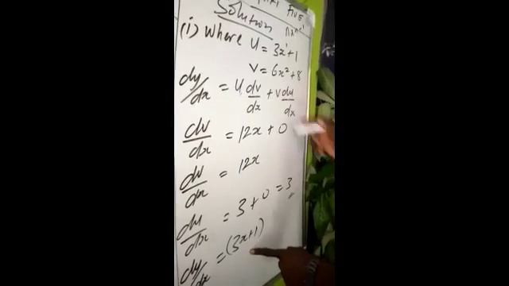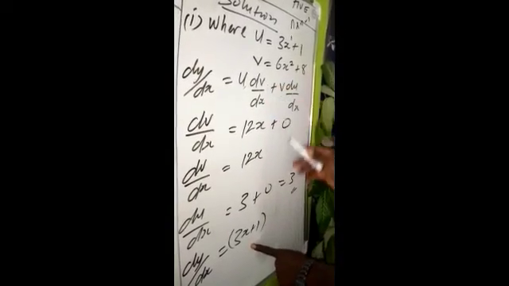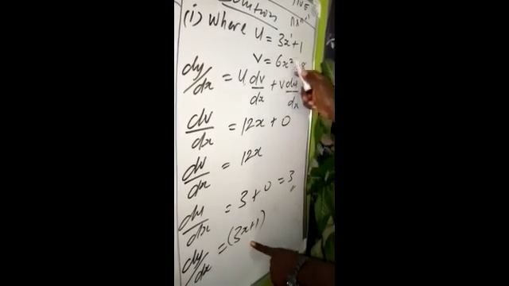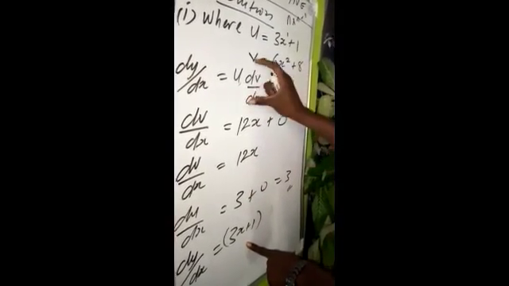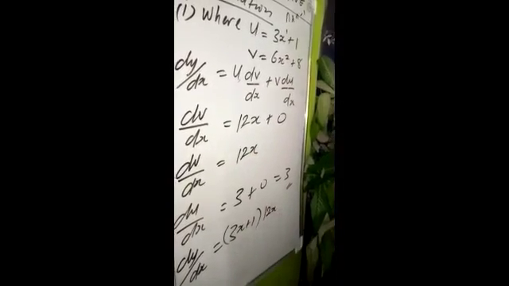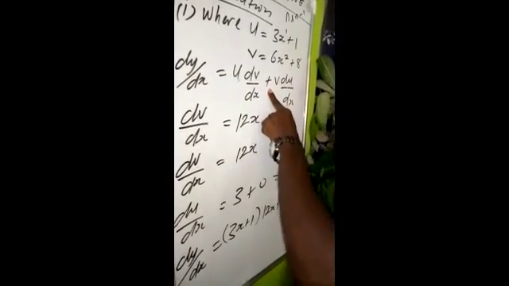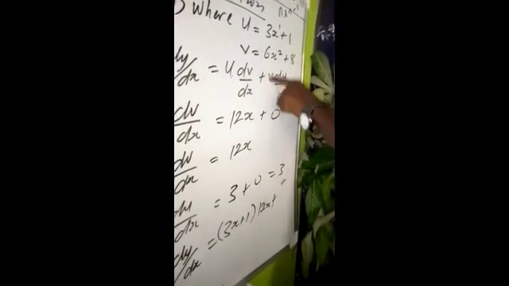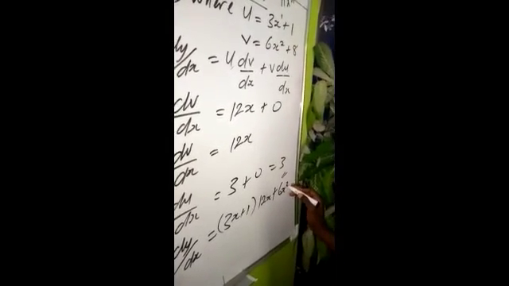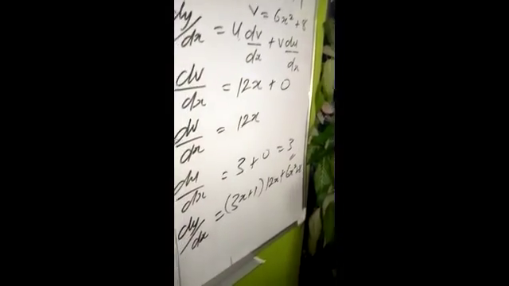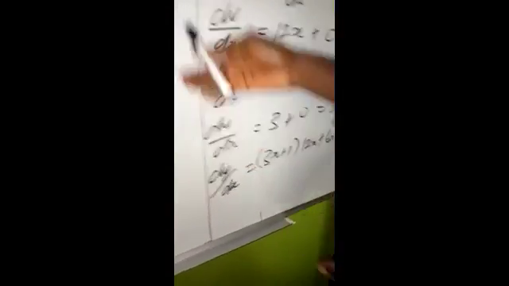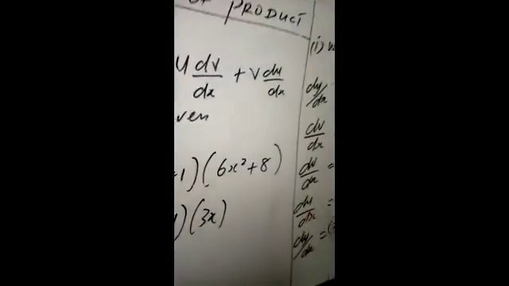Then the next one, my dv/ds gives us 12s. Any place I see dv/ds, I will remove it and put 12s. Then plus. Next one, my v is 6s squared plus 8. But from this point you can see there's no space here, so let's scroll from this point so that we see it very well.